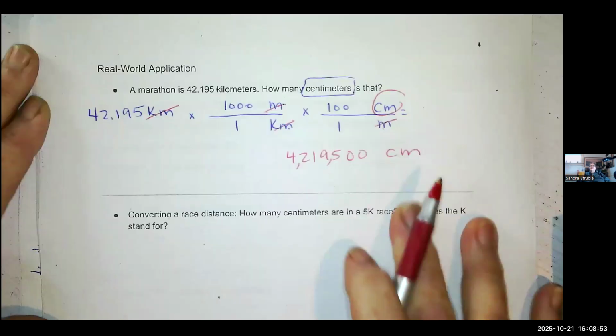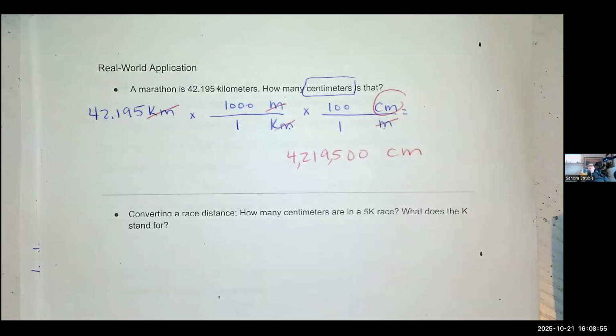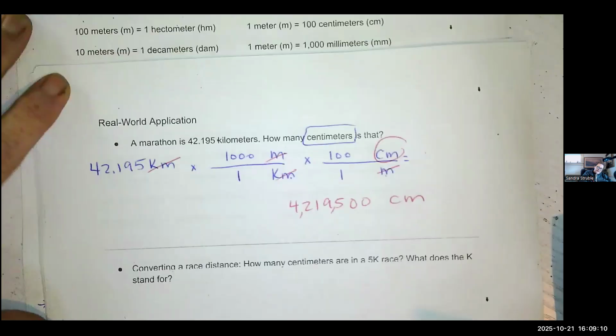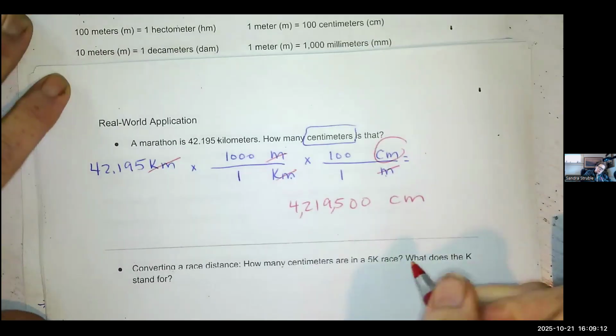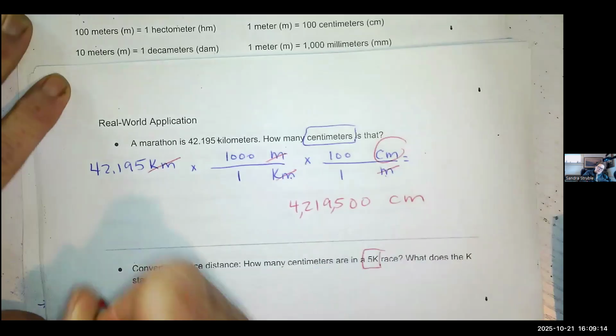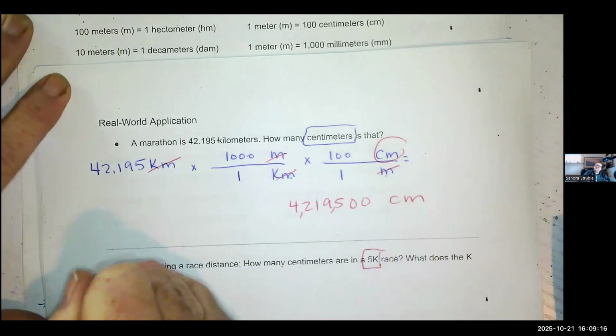Converting a race distance: how many centimeters are in a 5K race? And what does the K stand for? Well, the K stands for kilo, which means 1,000. So we're going to have to start with 5K. 5 kilo what? Well, it's distance, so it has to be meters.